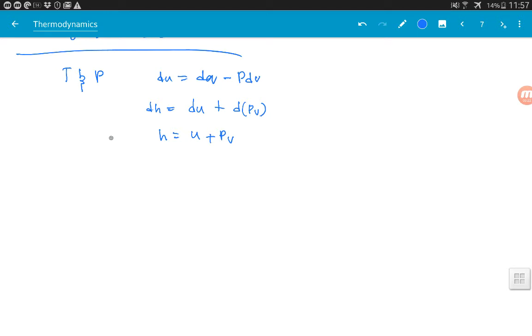We're going to rewrite the same way as we've done before in terms of internal energy, but we're not going to use internal energy. Instead, we're going to use enthalpy, because the energy equation related with the change of P couldn't be found in the first law, but we can have it with this, which is related with the change of T. So the change of enthalpy is due to the rate of change of enthalpy with temperature at constant pressure, plus the changes of enthalpy due to the changes of pressure at constant temperature.